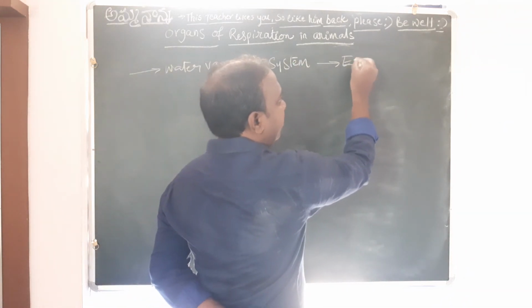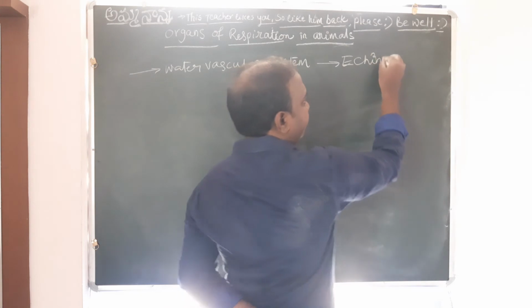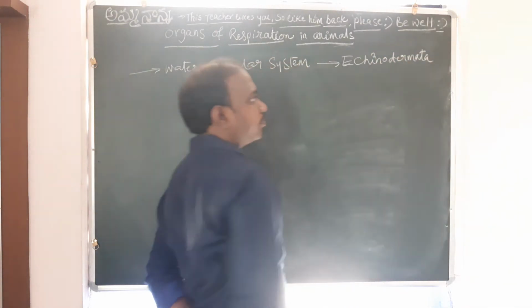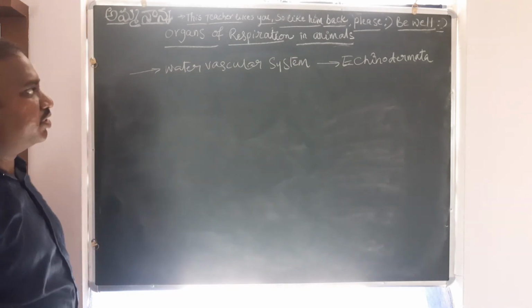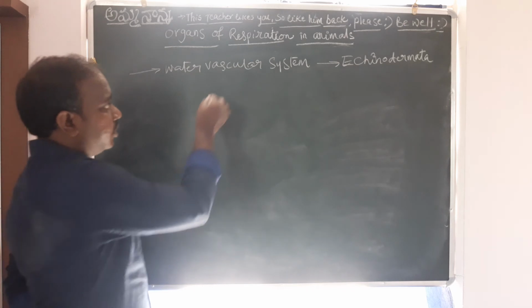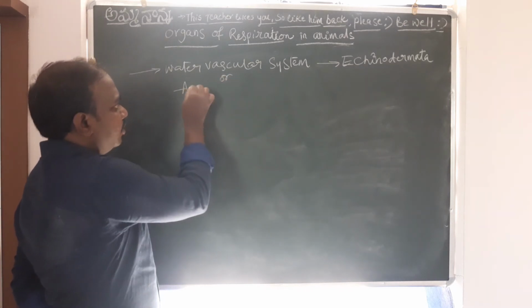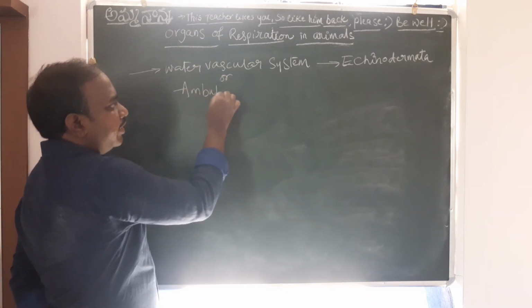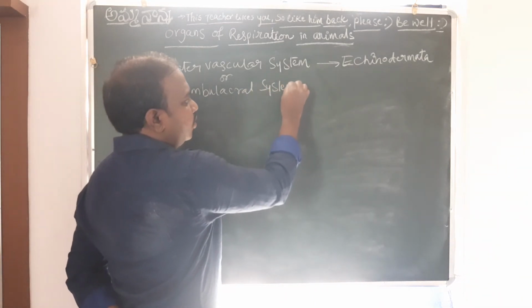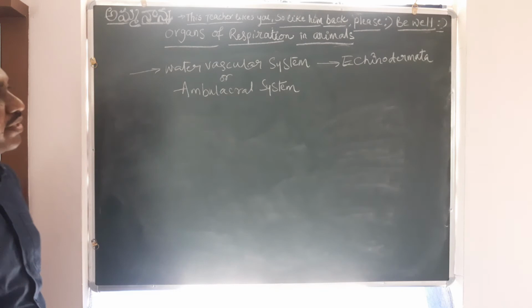In Echinodermata you have the water vascular system, which plays a role in gaseous exchange, and this one is also called the ambulacral system.